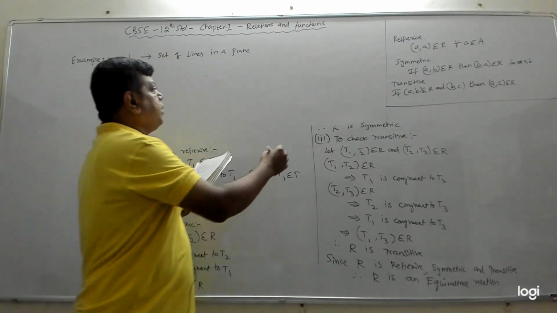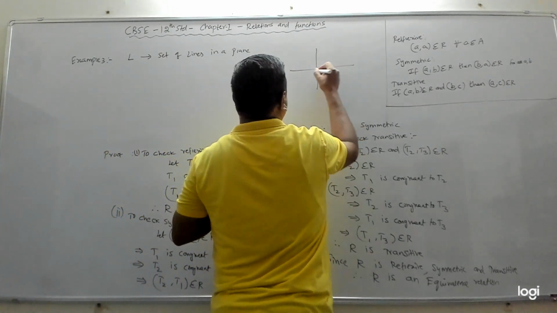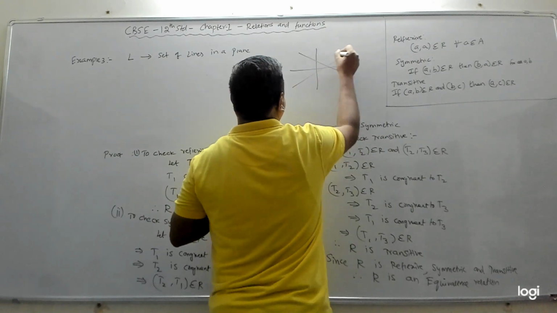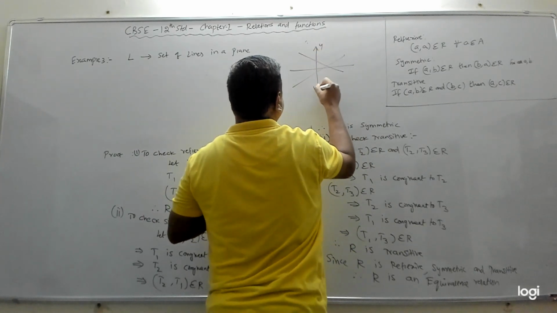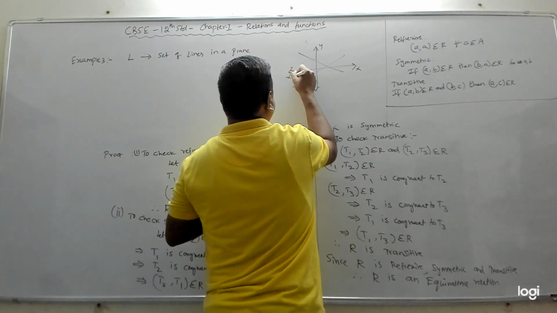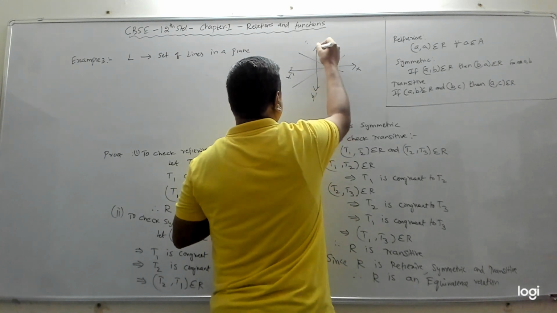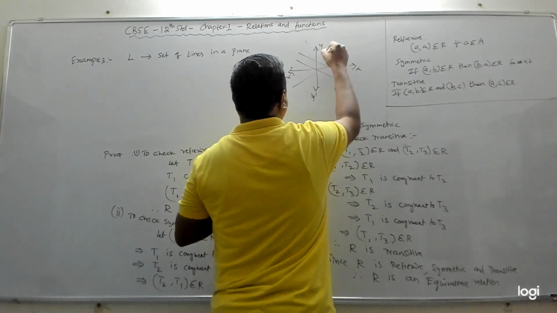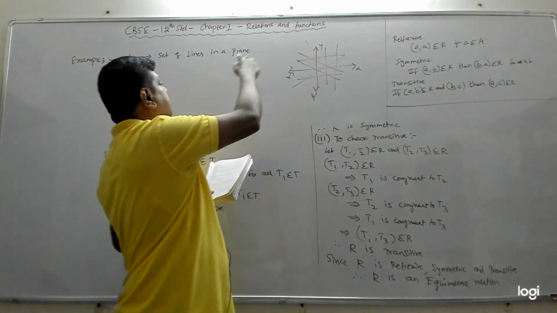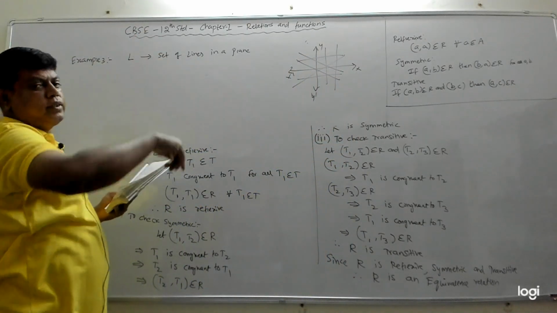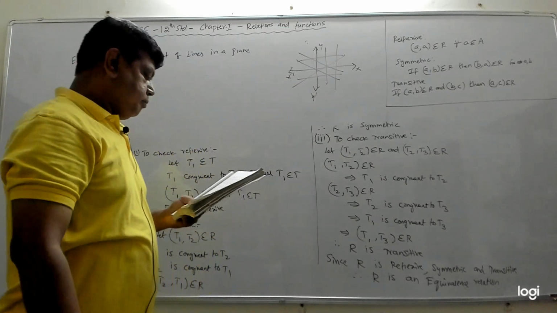The plane means what? It's 2-dimensional, right? So all the lines, this line, this line, this line, the y-axis, x-axis, even the axis will also be there. This is also a line. All these lines will be there. So L is the set of all lines in a plane.